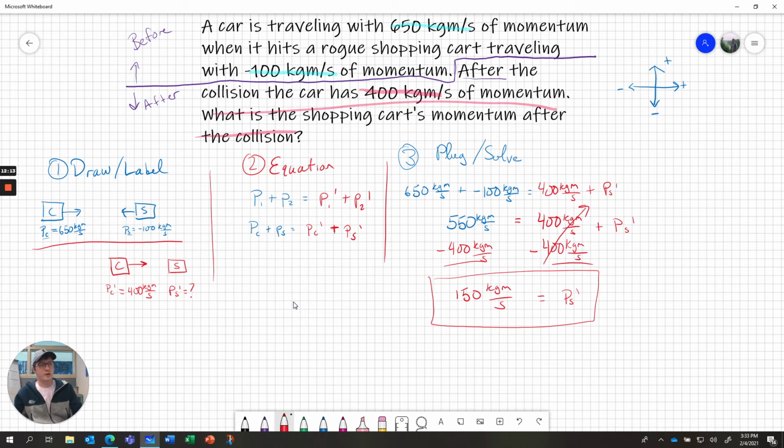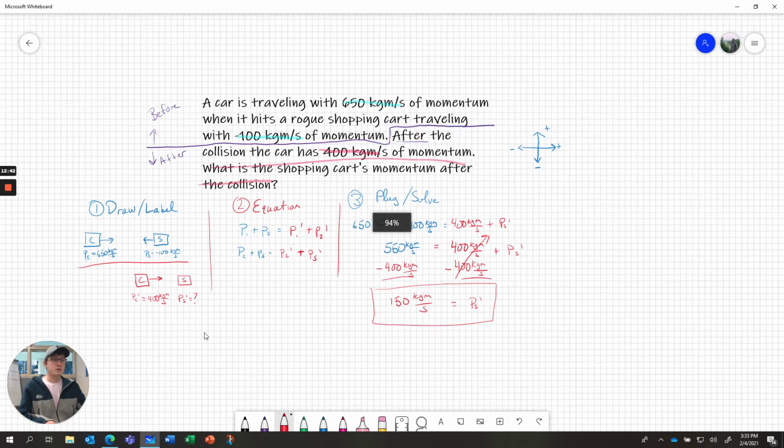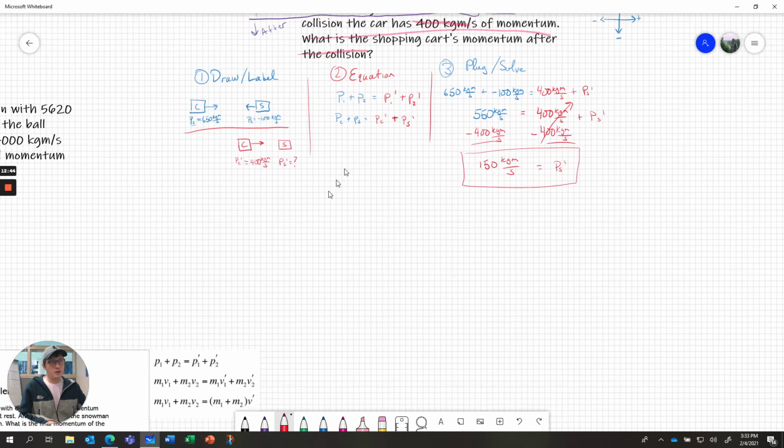So if you get in the habit of labeling and recognizing that each part refers to a specific object, like P1 always refers to this, P1 prime refers to this thing, then you're not going to have any problems when we get into the more complex stuff, if you perfect the organization now. All right, so let's look at a different type of problem, one that has the objects sticking together.